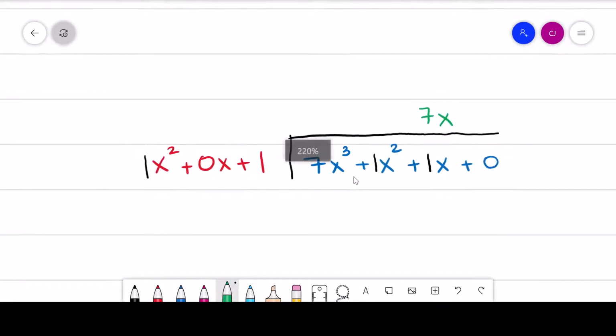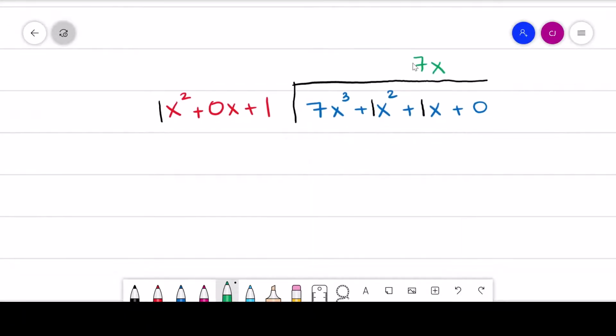Okay? All right. So now that I have my first factor, I am going to take this factor and multiply it with each part of my divisor. So I'm going to take 7x times 1x squared. That is going to give me 7x to the third power.